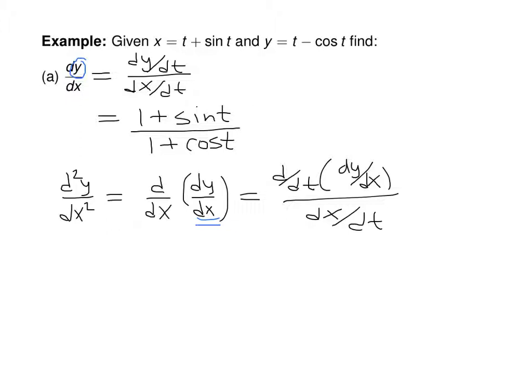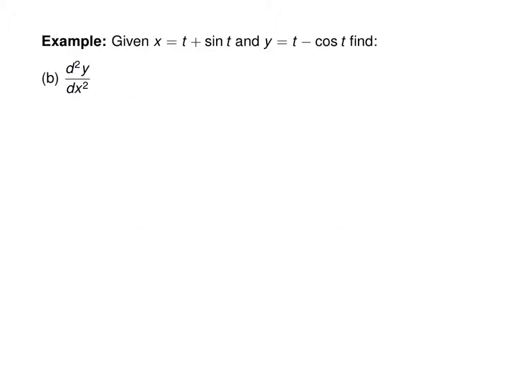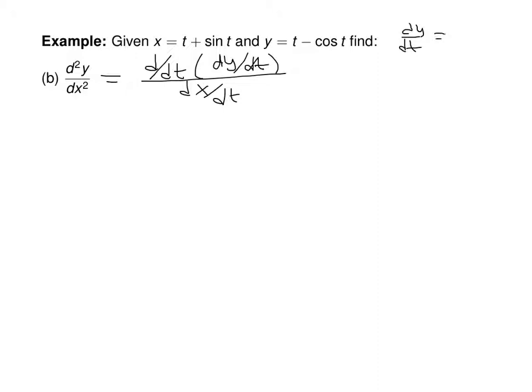That's the most common mistake there. So d squared y over dx squared, as we just discussed, will take the derivative of the first derivative divided by dx/dt. And recall that we had dy/dx equal to 1 plus sine t over 1 plus cosine t.